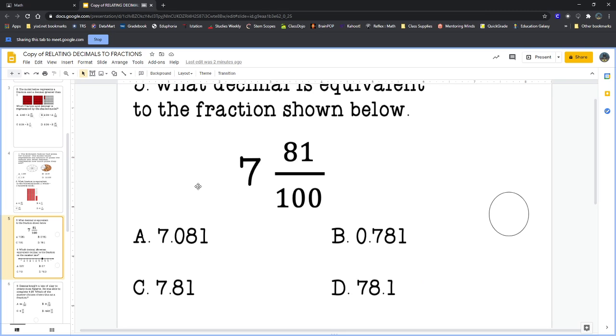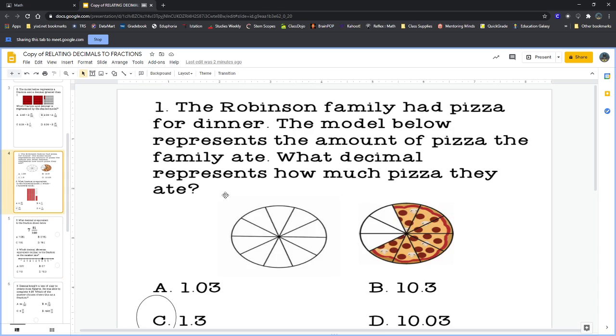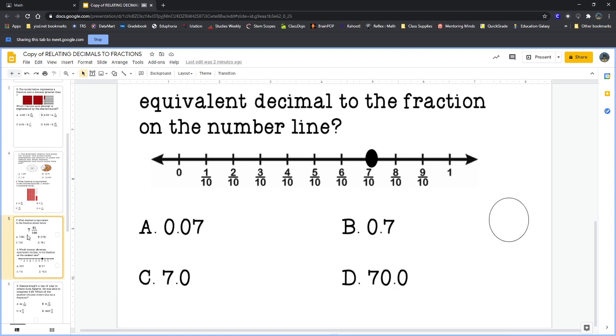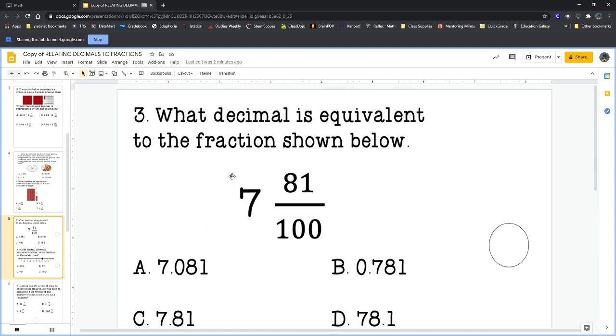Taking a look at this fraction. Remember one important thing. We kind of saw an example of it here. Any number that is sitting in front of your fraction is a whole number. It means the whole thing is there. Here we have a whole number, 7. It's sitting in front of the fraction.